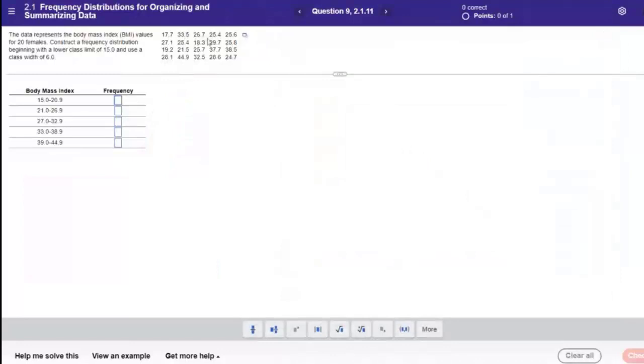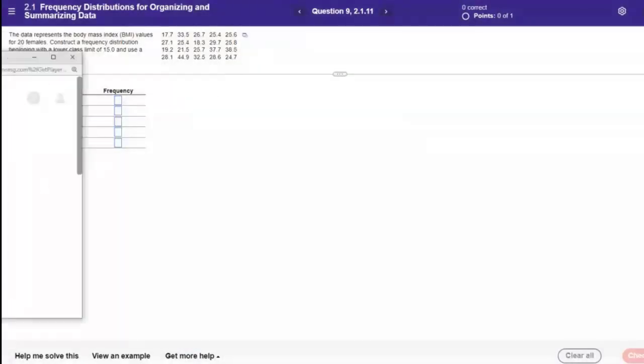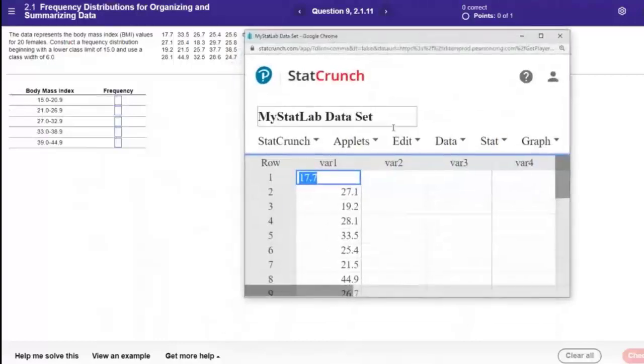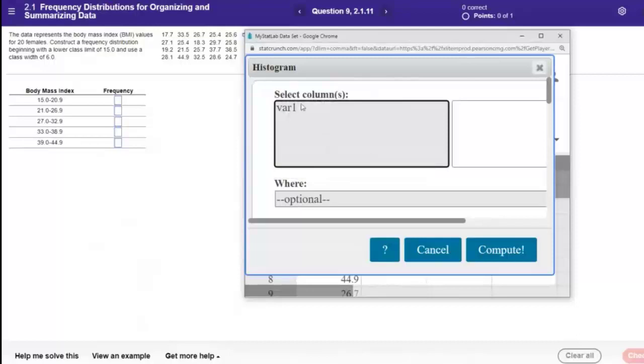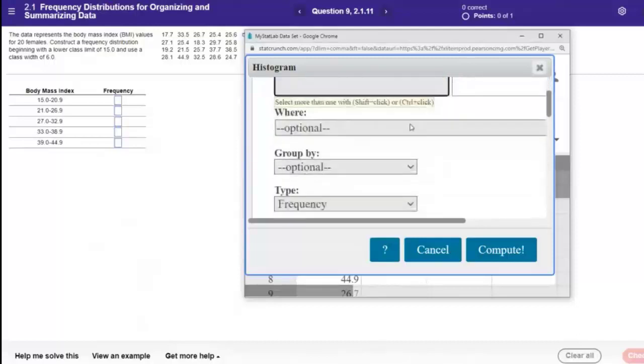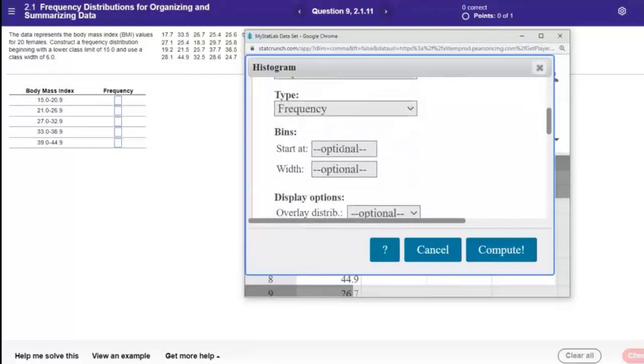When it's just this listing of data, open in Statcrunch. It's going to open it up in its own window. And then graph, histogram. Choose the only column you have information in. And scroll down and specialize the bins. These started at 15.